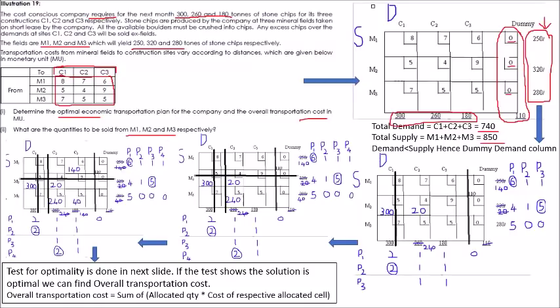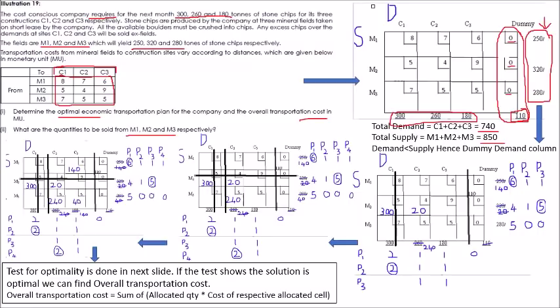And what is the difference between supply and demand? 850 minus 740 is 110. So 110 is the supply of this dummy column. Now my demand is equal to supply. So guys, in the Vogel's approximation method, the first step is to make the problem balanced by adding a dummy row or dummy column. In this case, supply is greater, so we include a dummy column. There may be a problem in which demand is greater, there you may include a dummy row.